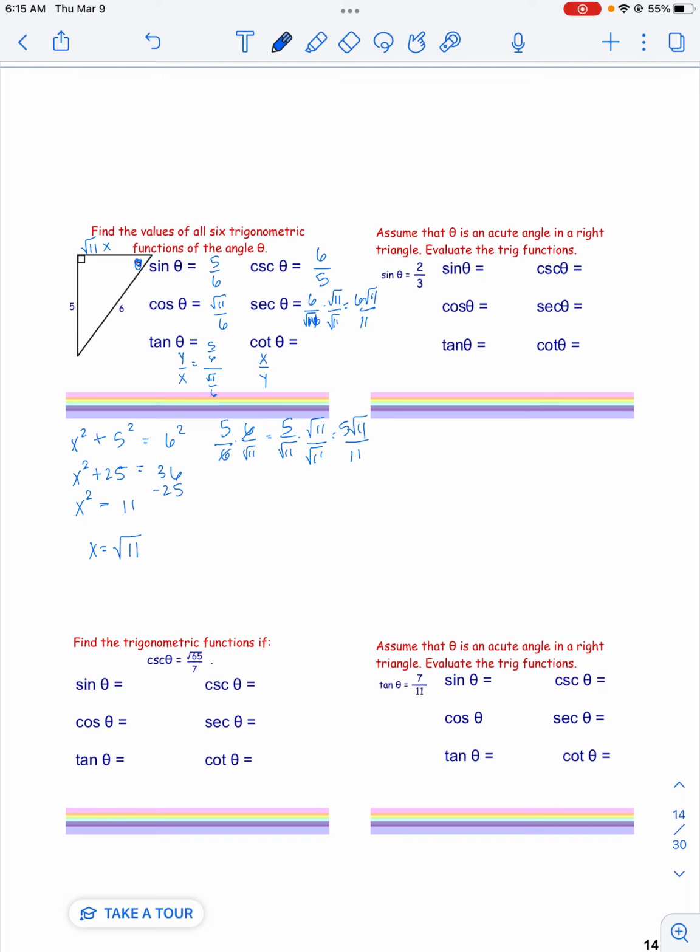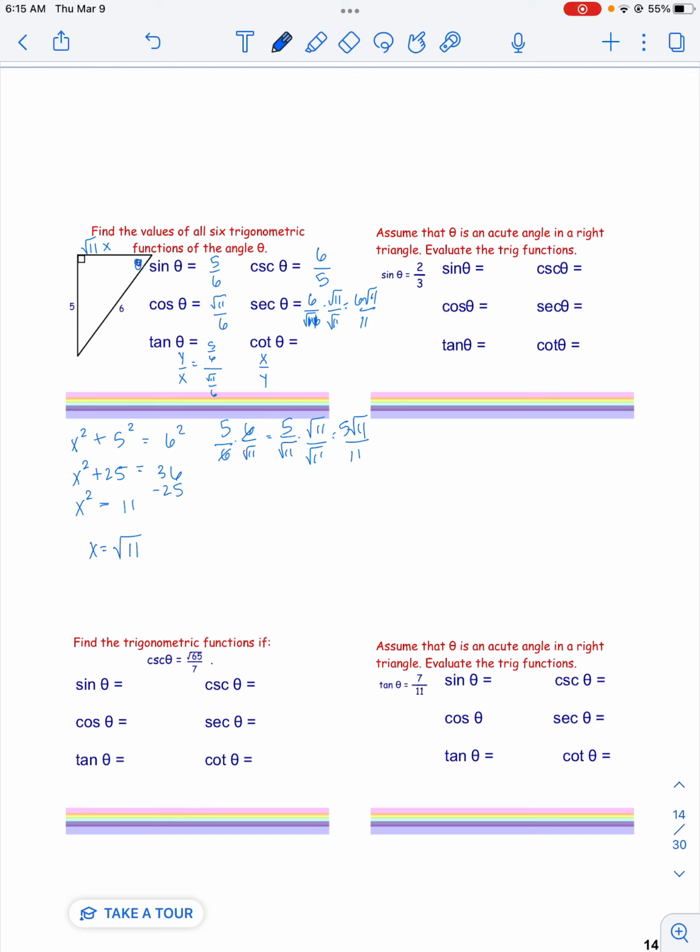Cotangent is the reciprocal of tangent, and so it would be the x value over the y value, so it would be square root of 11 over 6 over the y value, which is, oh, sorry, I'm making this one more complicated. I made tangent way more complicated than it had to be as well. Let's make cotangent simple.